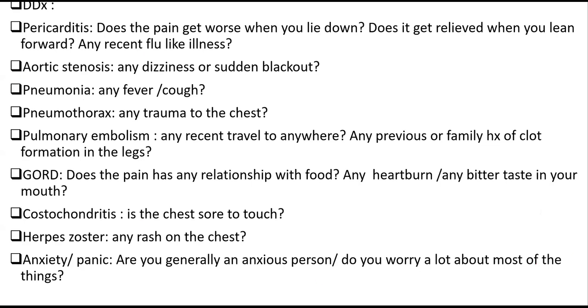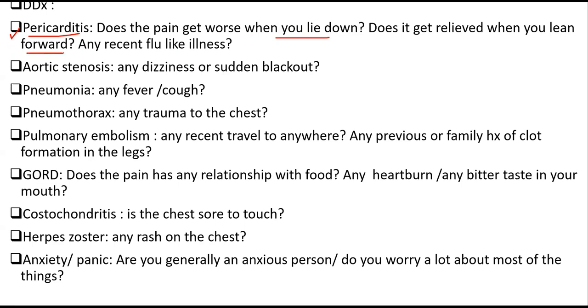For CVS, you have pericarditis and aortic stenosis as other differentials. For pericarditis, you can ask, does the pain get worse when you take a deep breath in or when you cough? That will be positive in pericarditis. Does the pain get worse when you lie down, and does it relieve when you lean forward?